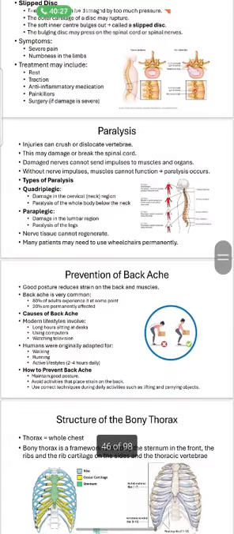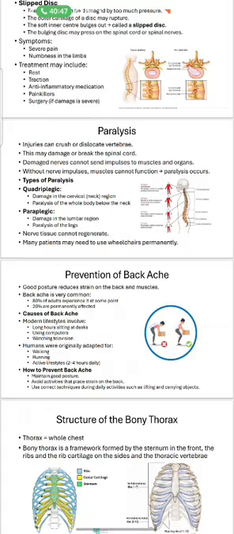Then paralysis. Injuries can crush or dislocate vertebrae. This may damage or break the spinal cord. The damaged nerves cannot send impulses to muscles and organs. Without nerve impulses, muscles cannot function, and paralysis occurs.